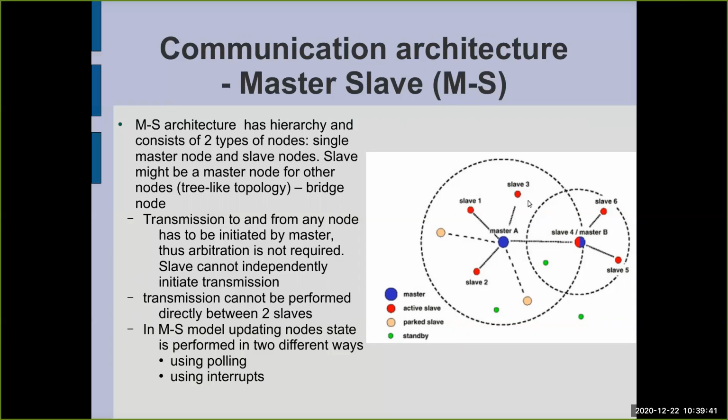So it has to ask, let's say, slave 3, whether it has any information to send, and then slave 3 is allowed to send data to master. So this process needs to be repeated quite often.